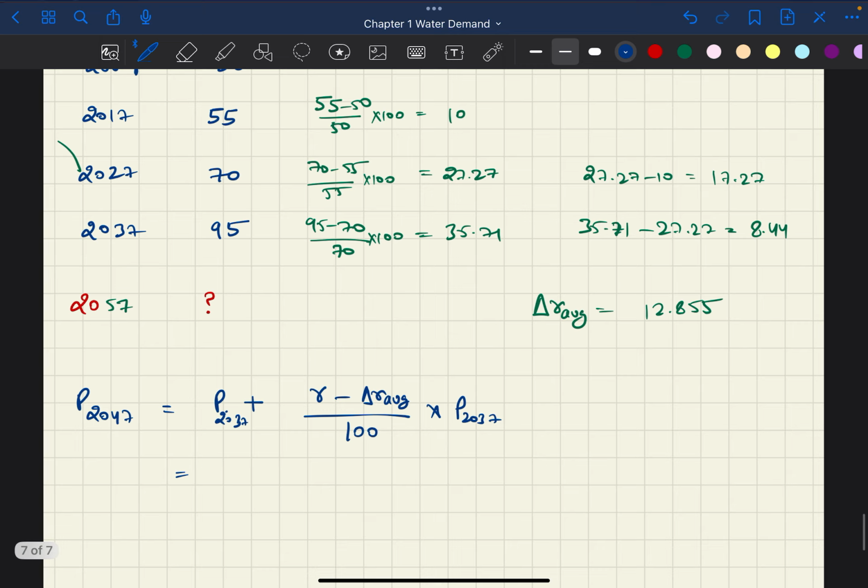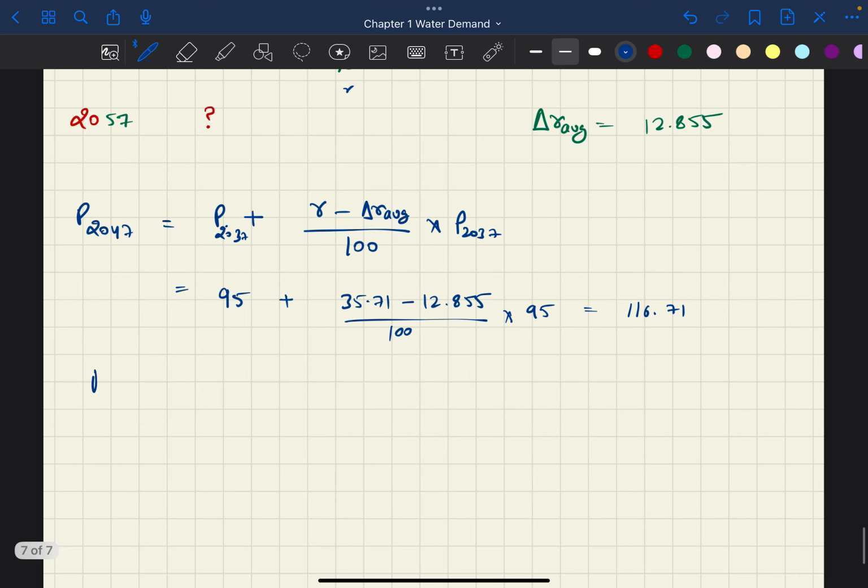So this is equal to 95 plus the value of r is 35.71, but the next r will be this divided by 100 into 95, which will be equal to 116.71.